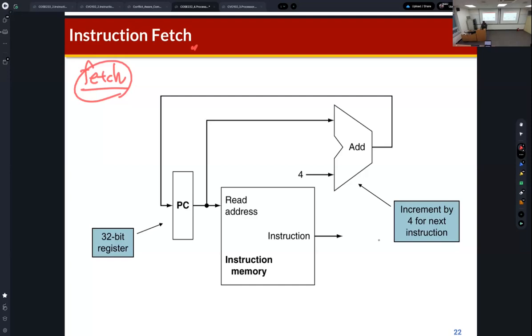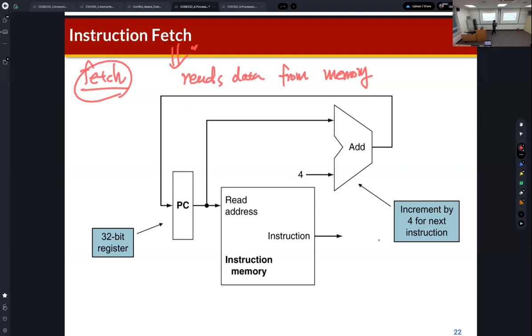So you can understand that fetch means it reads data from memory. Then what is instruction fetch? Obviously, if a processor reads instructions from memory, this process is called instruction fetch. Okay, you can understand that.